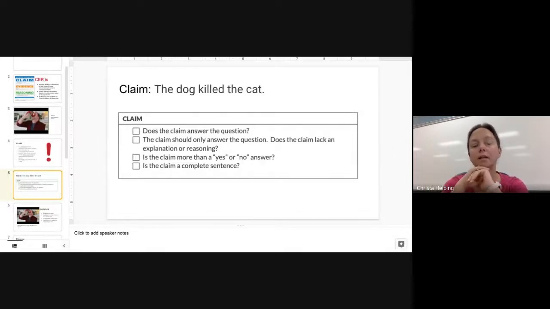Does the claim answer the question? Yes. Is it more than yes or no? Yes. Does it lack explanation? Yes, because the explanation comes later. And yes, it is in a complete sentence. So the statement, the dog killed the cat, does satisfy those things we need for a claim. And so that's step one in the CER strategy.